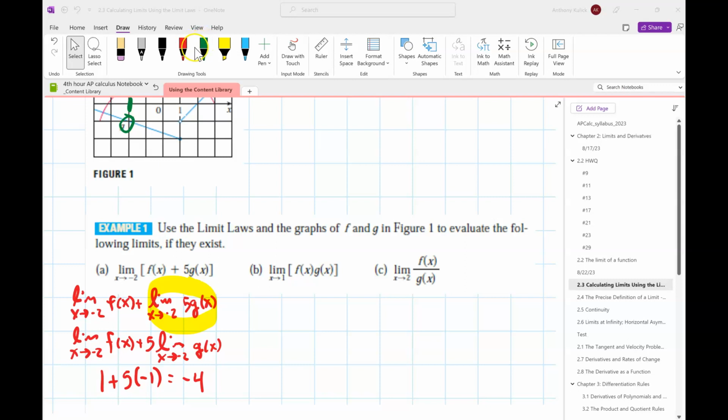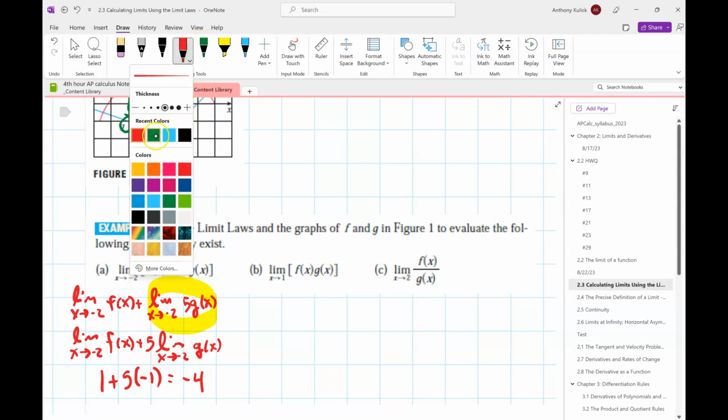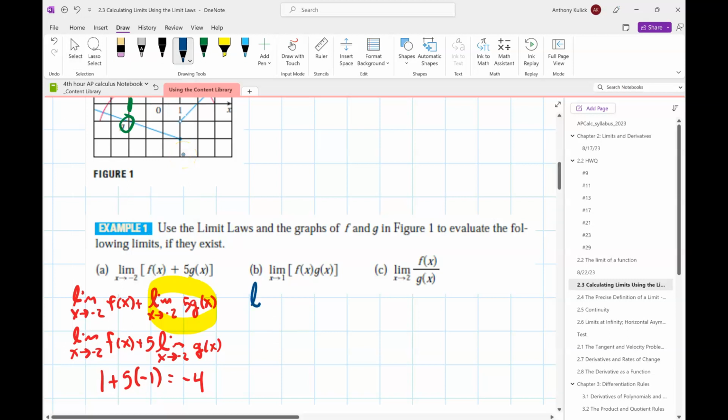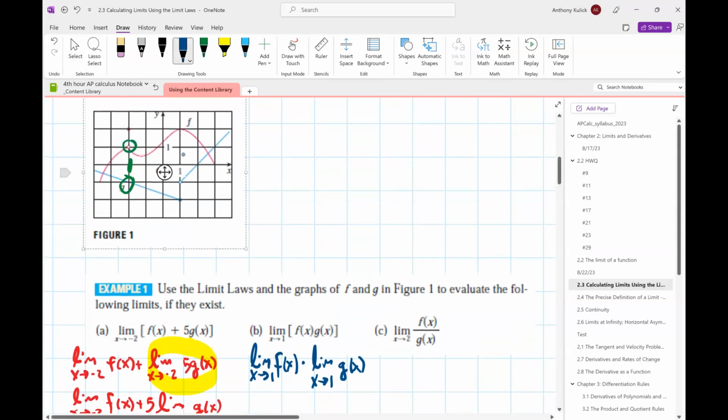Let's try the next one. So I'm going to start by using property 4 to break that product up. If I go to my graph, 1 is right here.